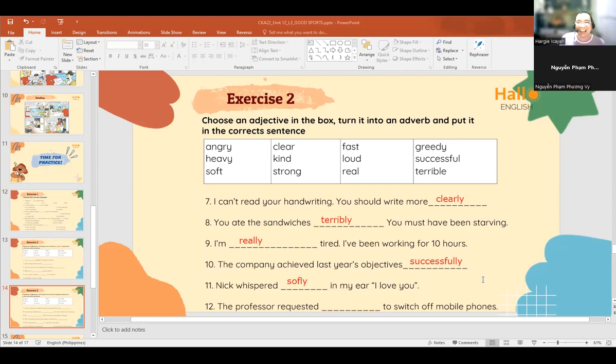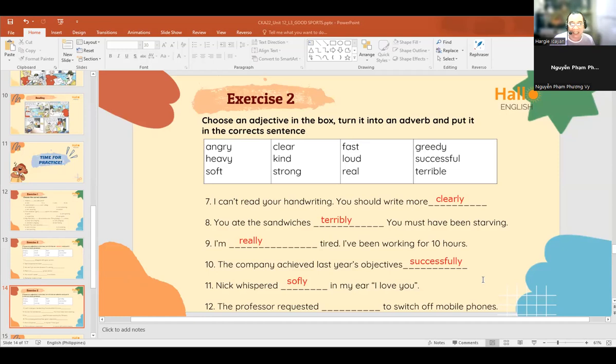Actually, when you say greedily, if you are greedy, that means you wanted to eat everything, you wanted to do everything, to get everything.